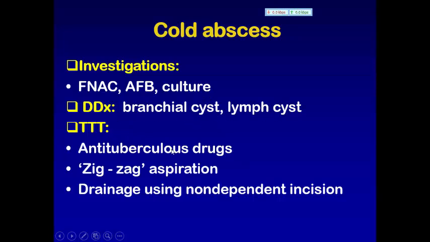Treatment is by antituberculous drugs and what we call zigzag aspiration. We should not push the needle directly into the abscess cavity because it will be complicated by sinus formation. The needle should make its way to the abscess cavity in a zigzag way. And the drainage using a non-dependent incision.